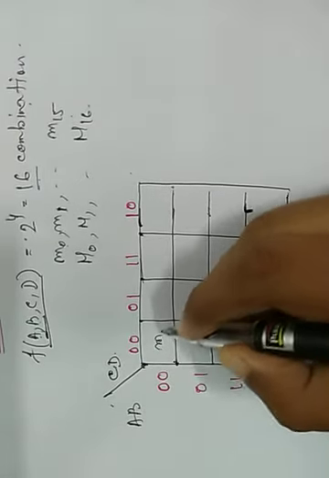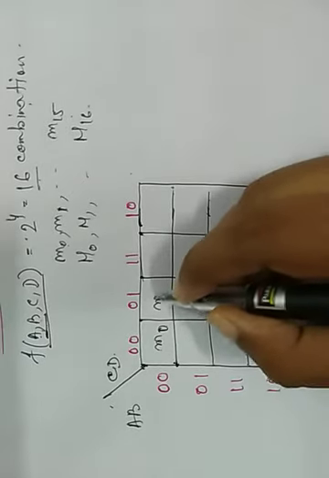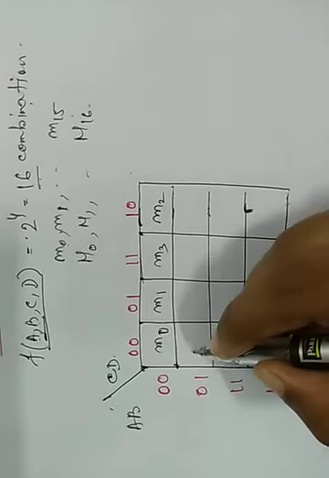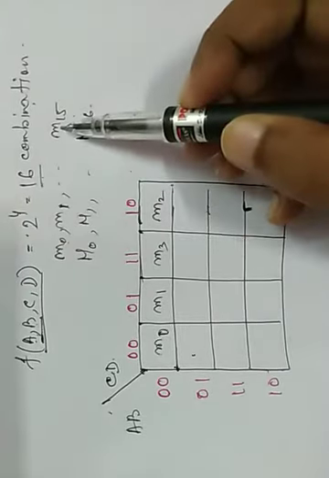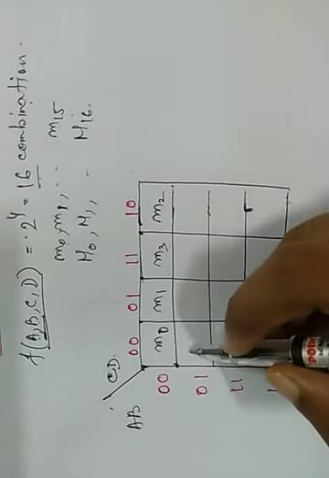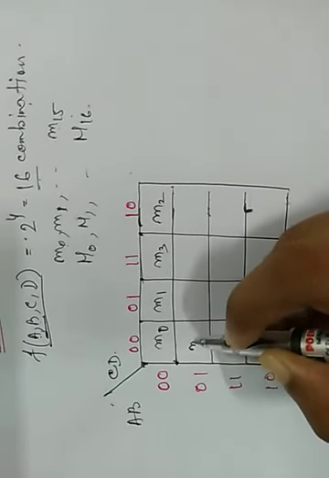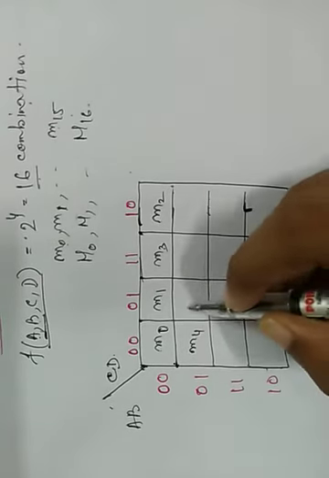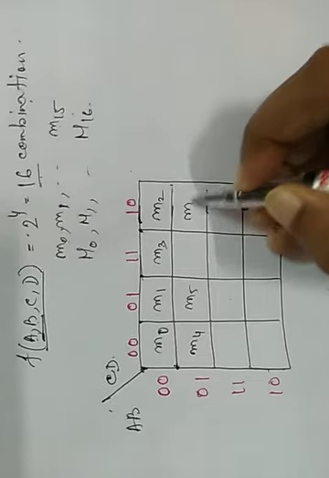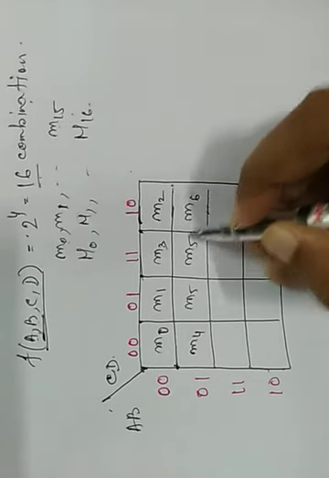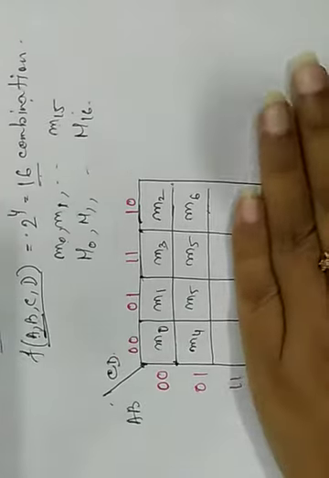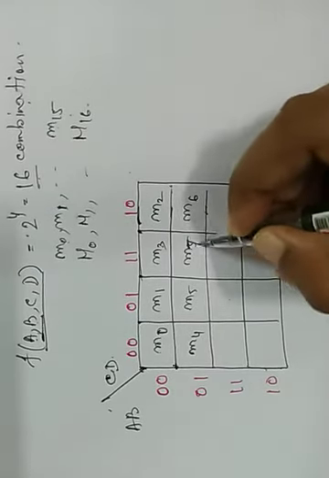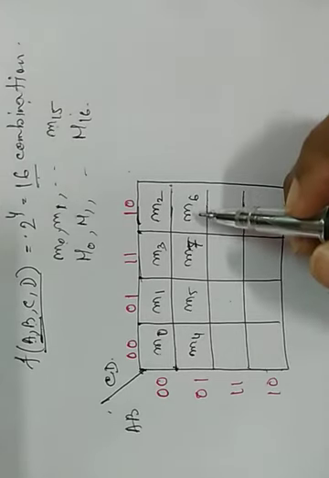Now our values are here. We know M0, M1, M2 is here and M3 is here. Mind how the minterms should be placed. M3, then it started from M4, M5, M6, M7. Okay, this is only for 3 variables. M7 is there. Now it comes M8.